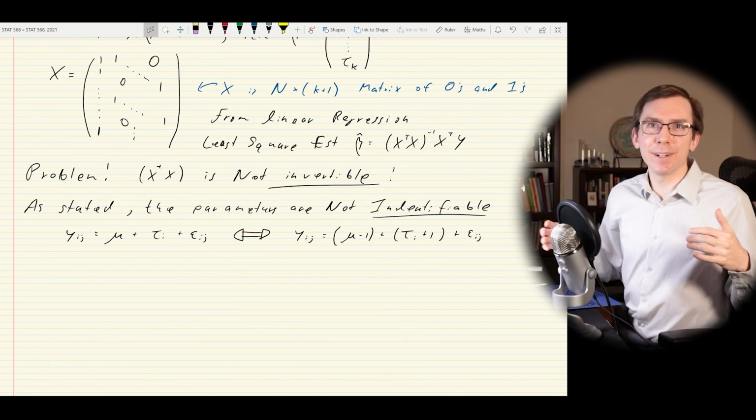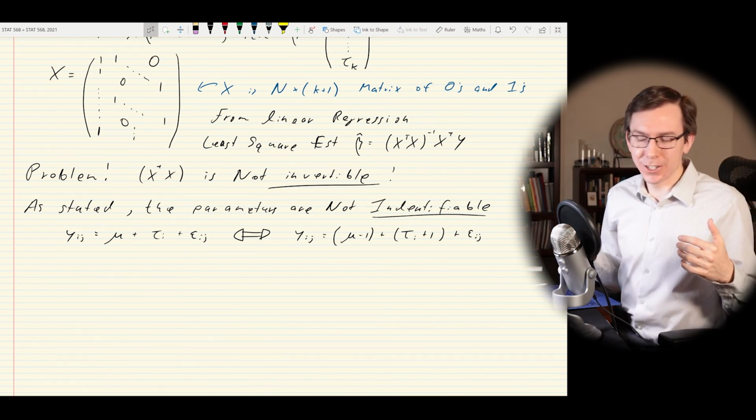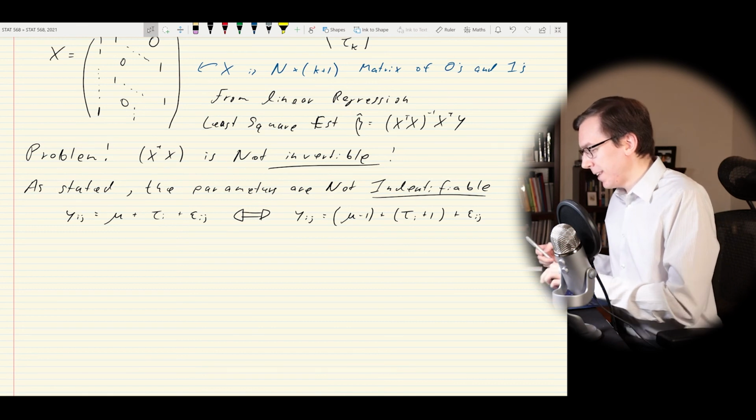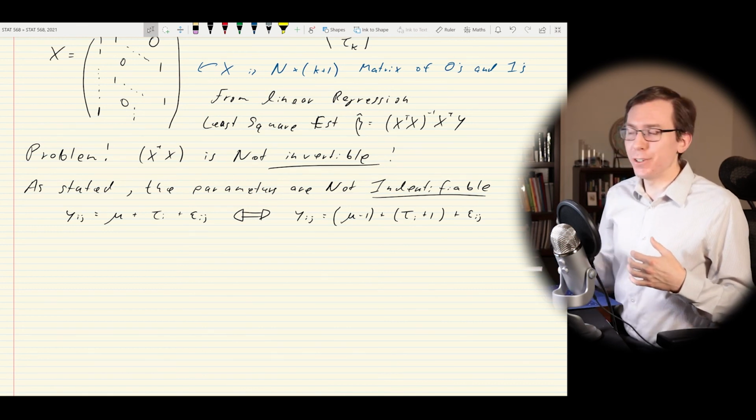Yeah, so the idea is that we have an identifiability issue. We are not able to estimate all of these terms uniquely.